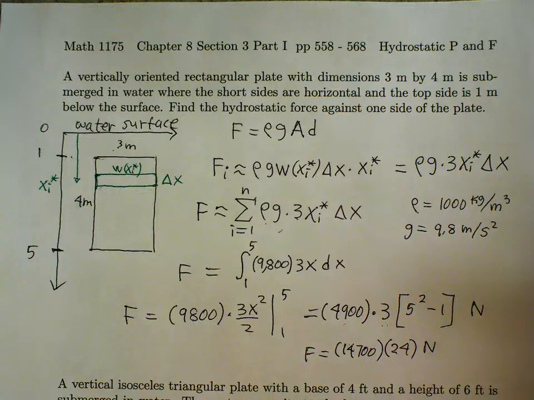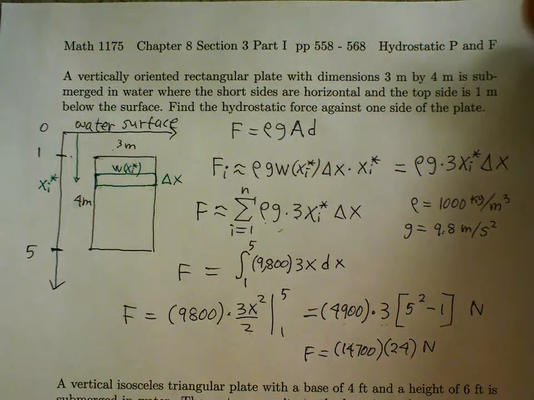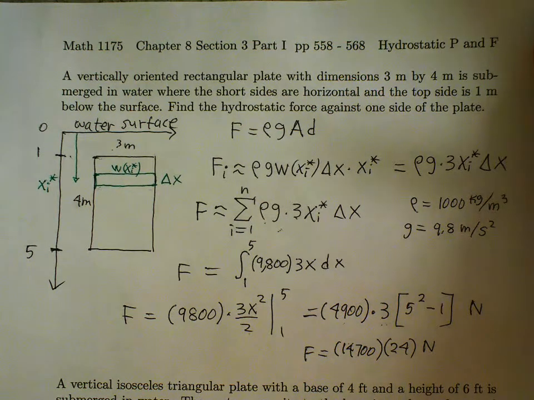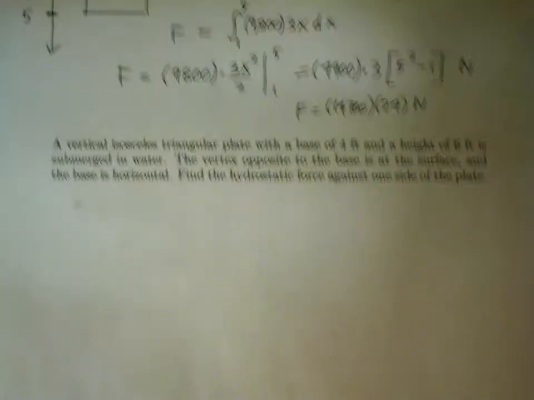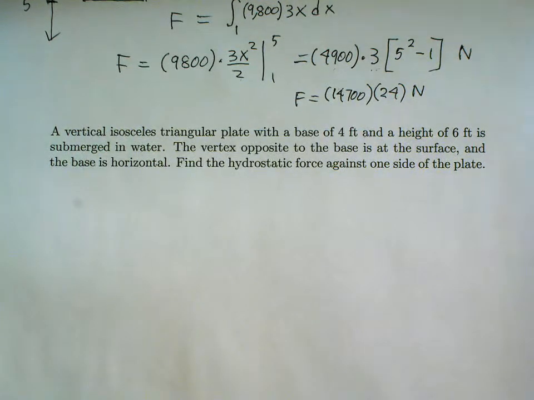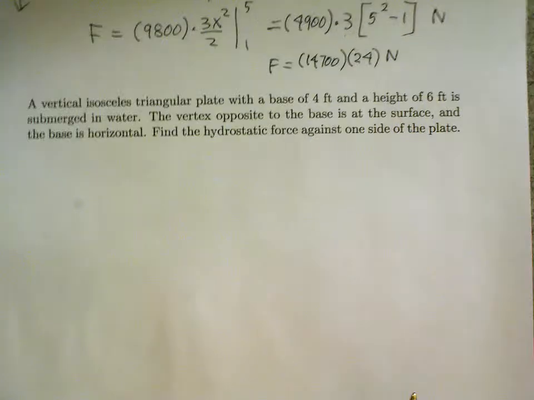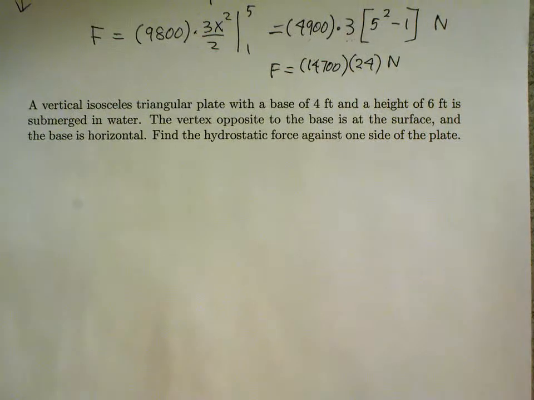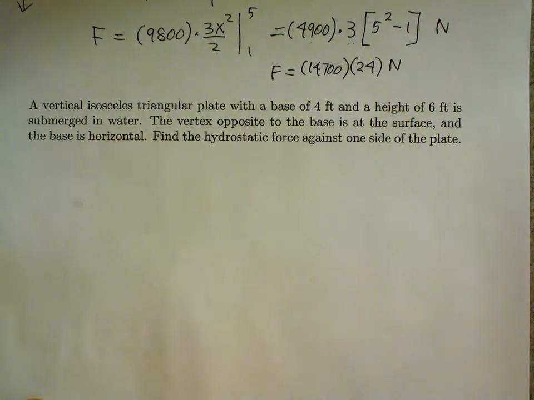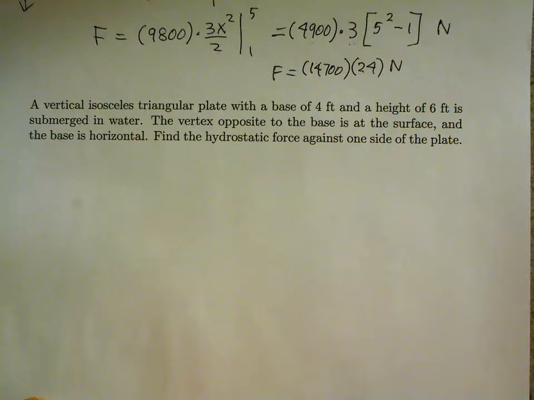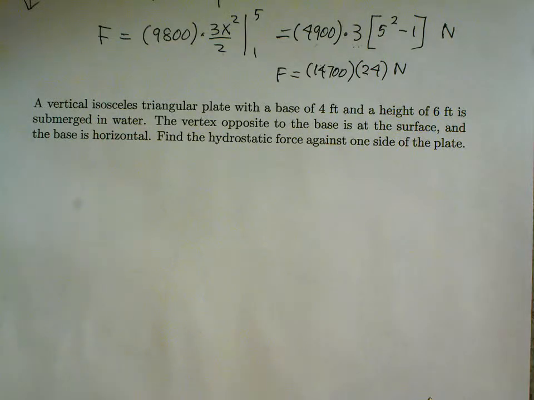Yeah, that's a pretty straightforward example. Let's look at one that's a little more challenging. This one: a vertical isosceles triangular plate with a base of 4 feet and a height of 6 feet is submerged in water.